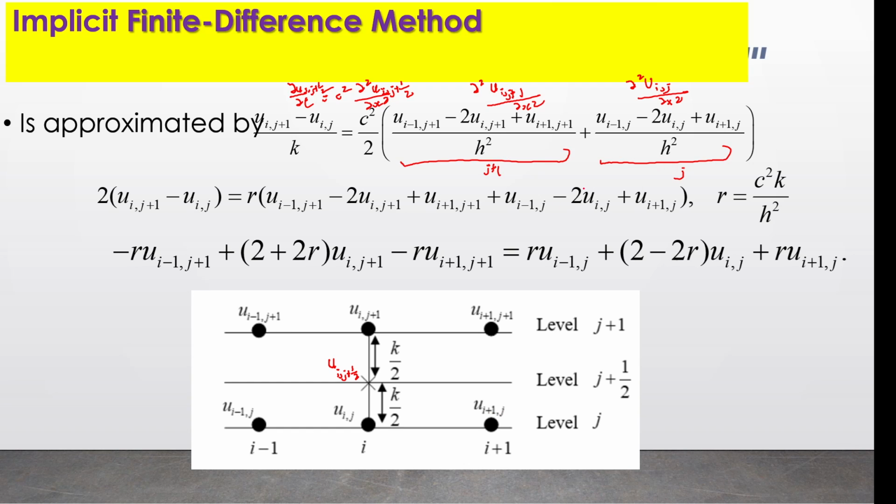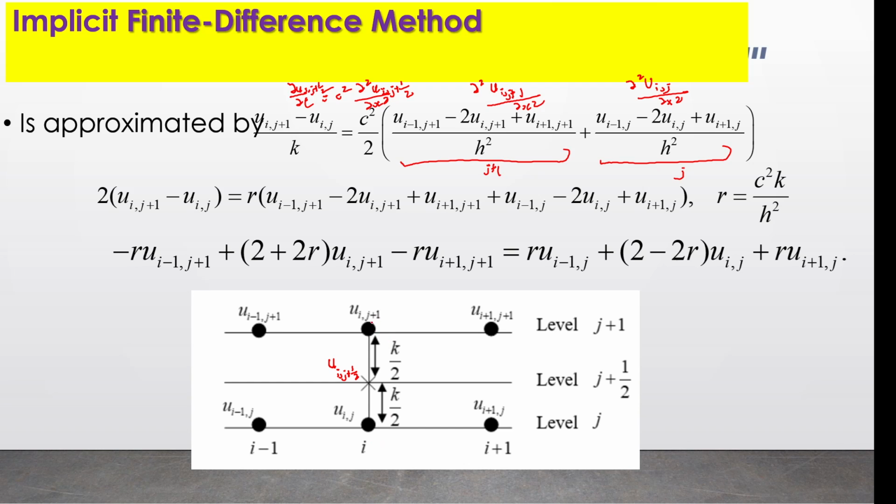We average it, then we can get the second derivative at the point j plus half. The time derivative looks like the 2-point forward difference of the explicit method, because in the explicit method we are standing at u(i,j) and taking the point ahead, u(i,j+1), minus u(i,j).